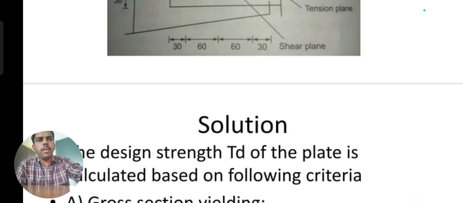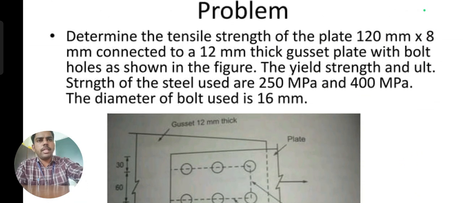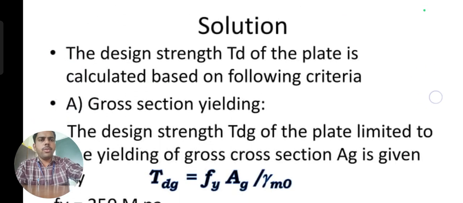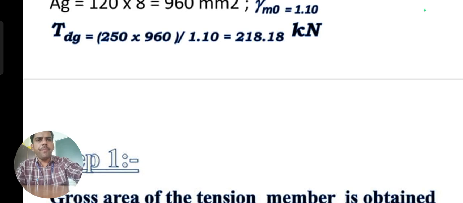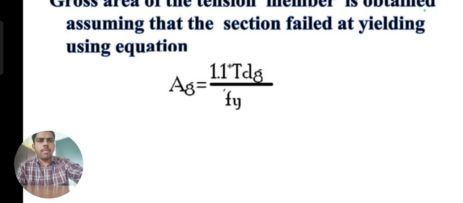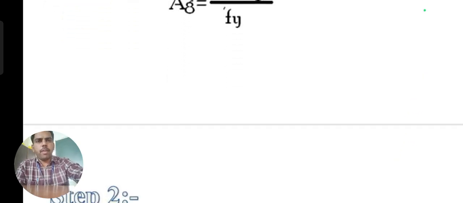The load acting on the member is not given in this particular situation, so we have to assume a value. First of all, you have to take the member. Based upon that member, this is the value, because Tdg is Ag Fy by 1.1.